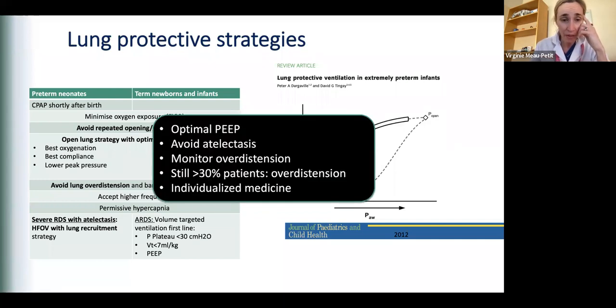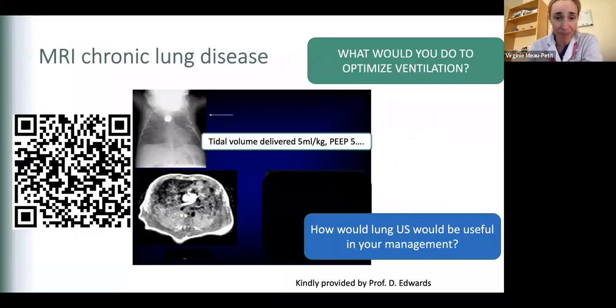However, despite following this handbook of lung protective strategies, still more than 30% of patients experience overdistension, thus the need for more individualized medicine.